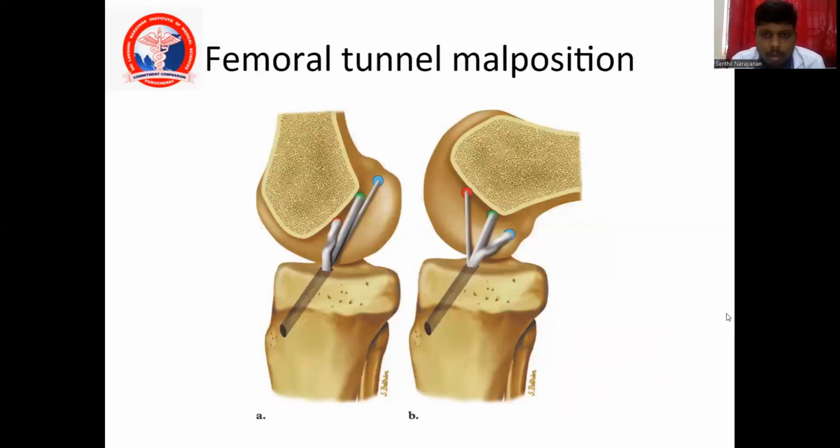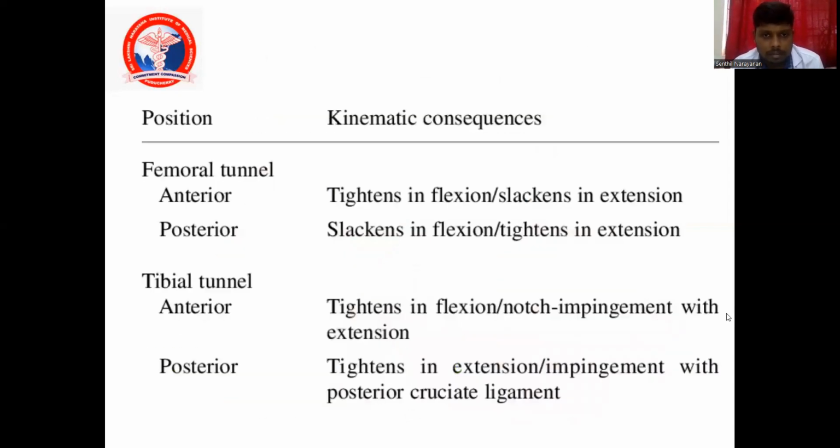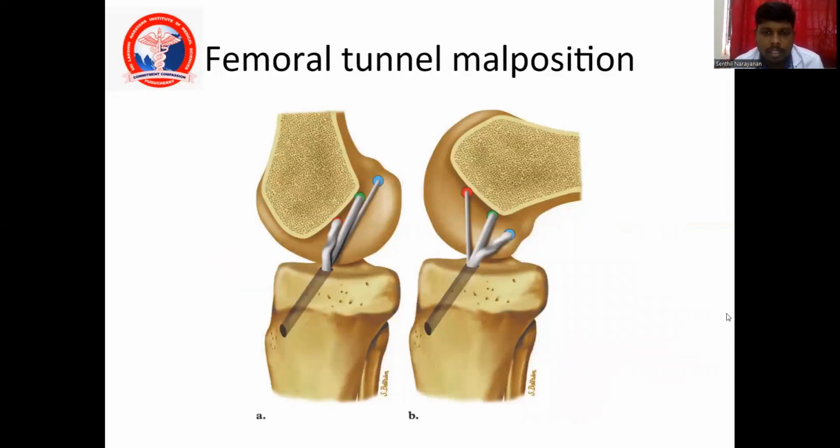Coming to femoral tunnel malposition that was shown on the last slide: the graft placed too anterior or too posterior. When the graft is placed too anterior, it is tight in flexion but slack in extension.